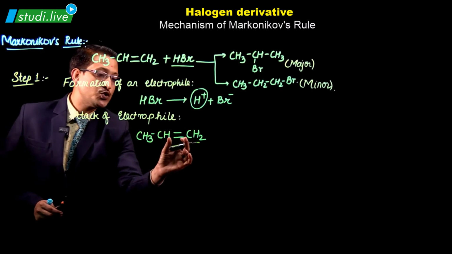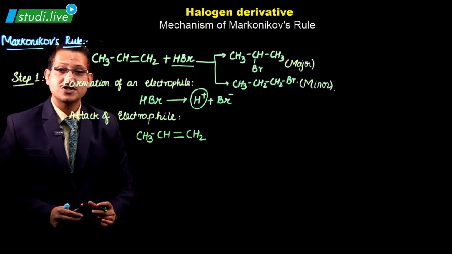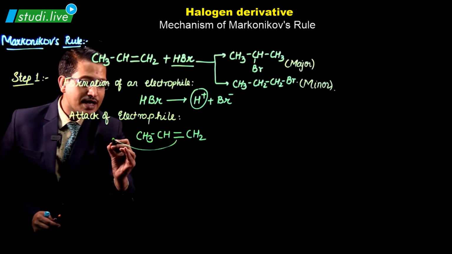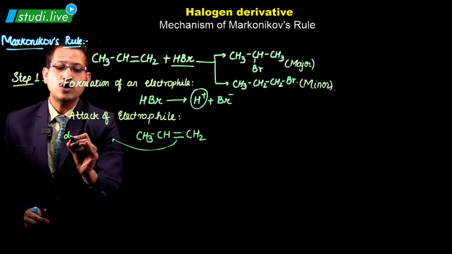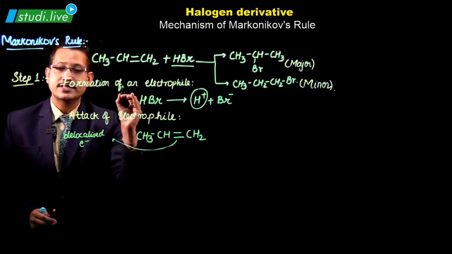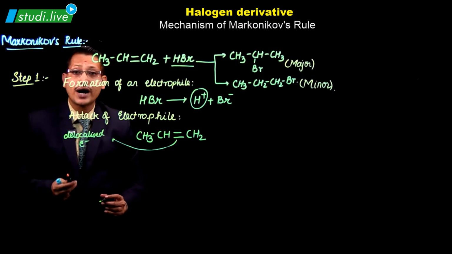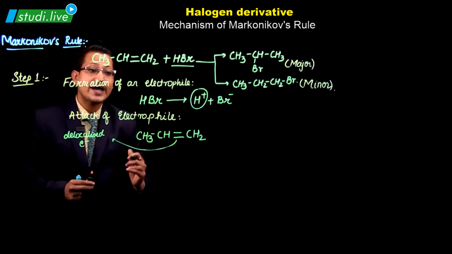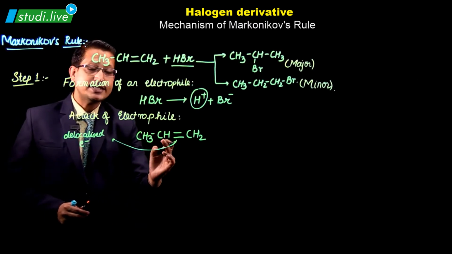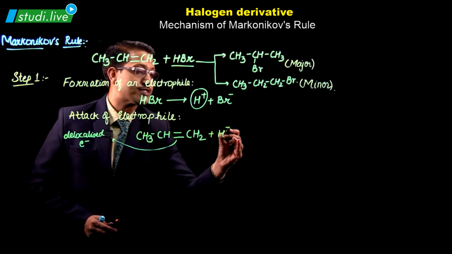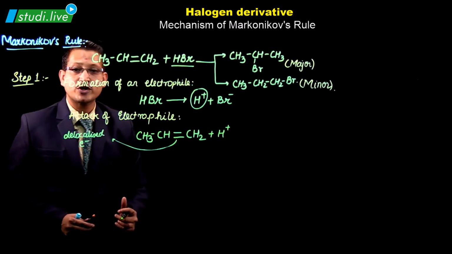The most important thing here is the carbon-carbon double bond, which contains delocalized electrons, also termed pi electrons. This CH3, CH, double bond CH2 will combine with H+, the electrophile which is going to attack.